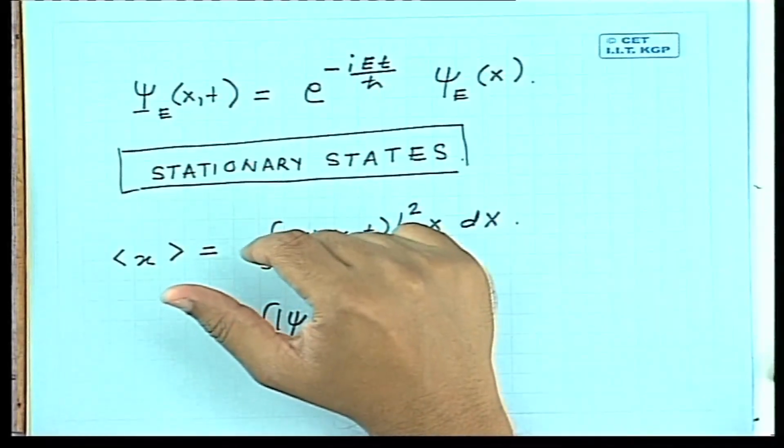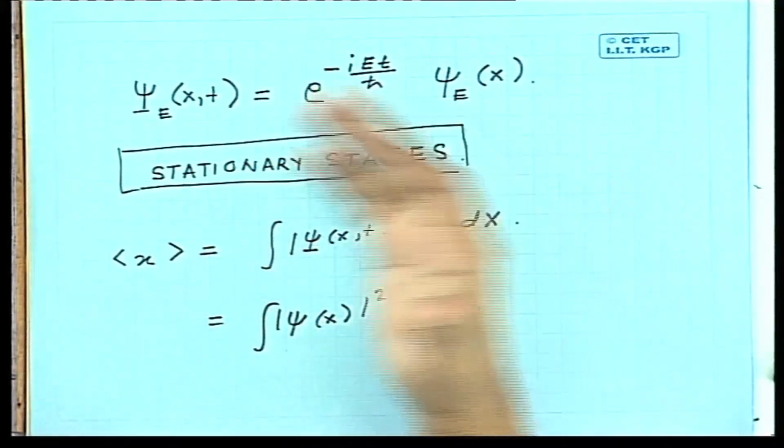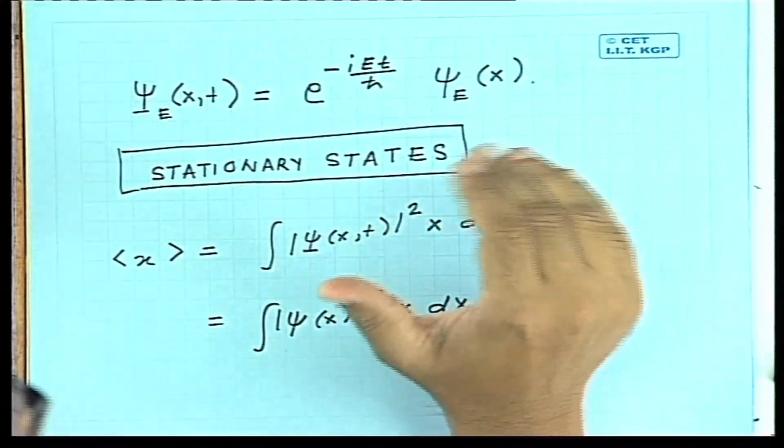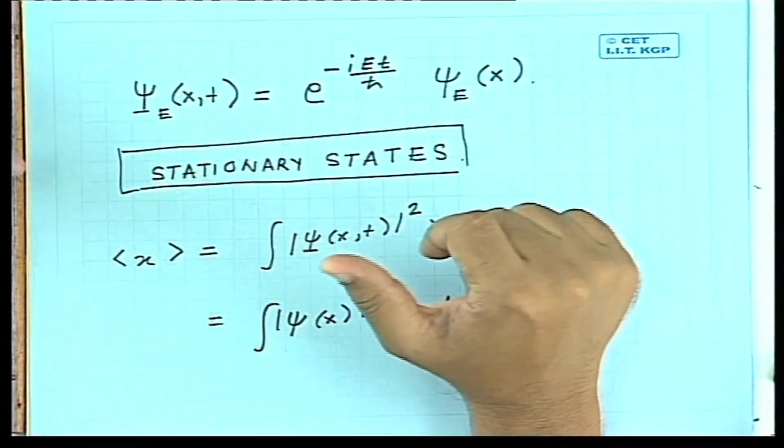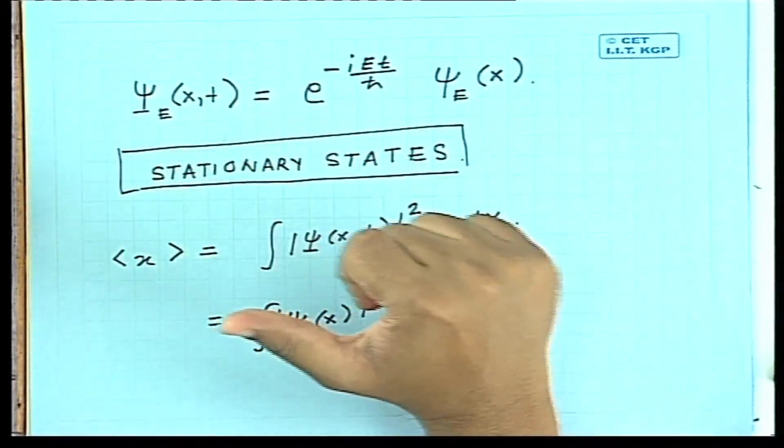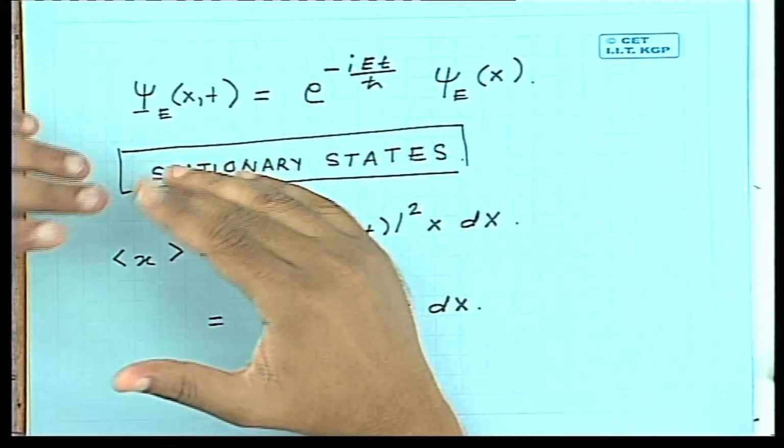This is what I have asked you to do in the assignment of the Gaussian wave packet, where we have a free particle. The free particle is in some arbitrary wave function, not arbitrary, it is in a Gaussian wave packet state. That I can express as a superposition of stationary states.